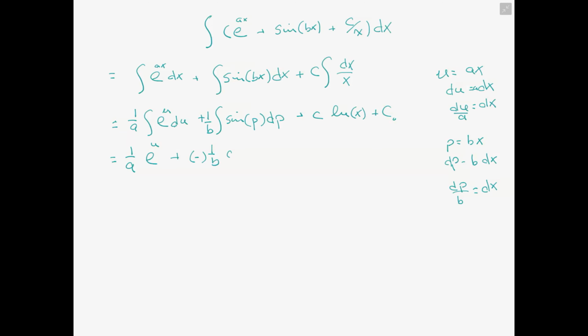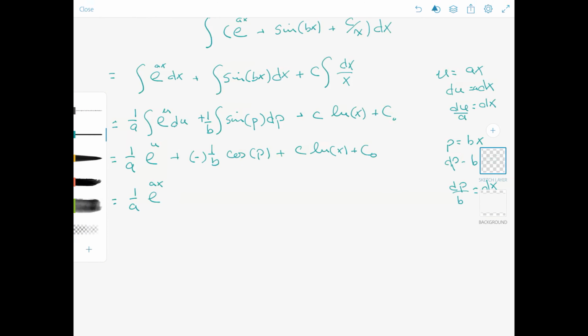And now we can do our integrations here. 1 on a, e to the u, plus minus 1 on b cosine p plus c ln of x plus c naught. We can combine all the constants.